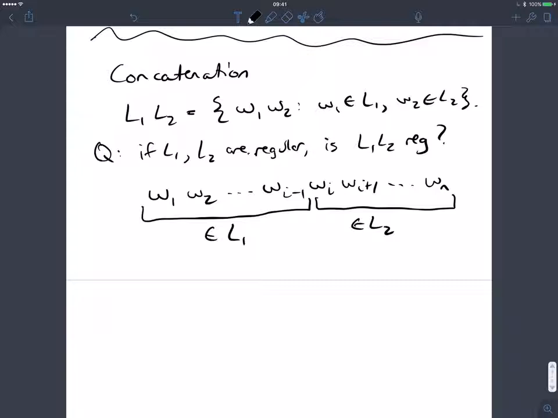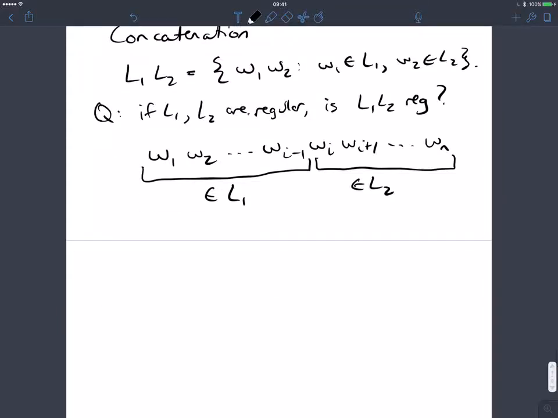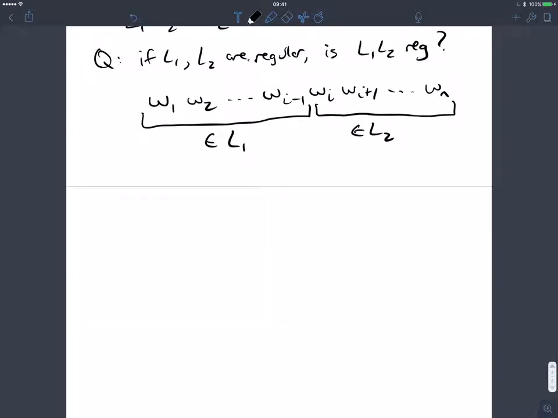If only there was a way to guess, a way to say, okay, at this particular point, I am going to guess that I'm done reading the first part of the string, and now I'm going to read the second part of the string. If only there was a way. What do you think we're going to do? We're going to define a way. So we're going to take a slight detour and talk about a generalization of DFAs such that we allow this type of guessing to happen.